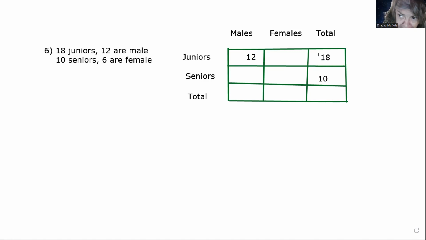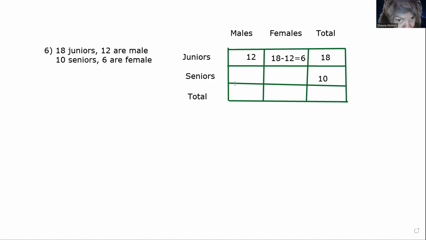If you have 18 and 12 of them are male, then, remember I told you that in this book, gender is binary, so 18 minus 12 is 6. There are 6 female. That's how you get that. 12 plus 6 is 18, so when you add, you should get the total.